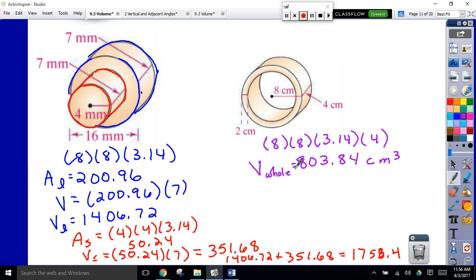We're looking at just this hole. 8 is from here all the way across. We need to take away this part. Look how far it is from here to here. It would be 6, because this is 2. 8 minus 2 is 6. So the radius is 6.